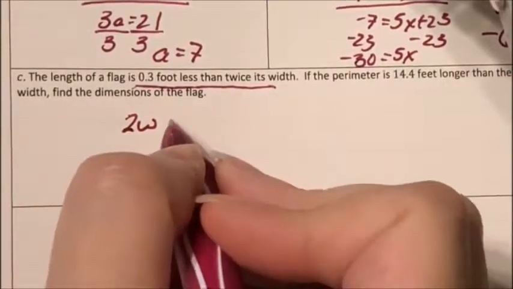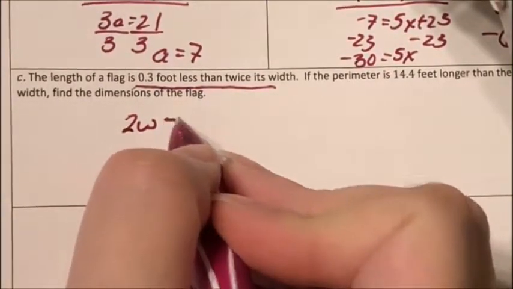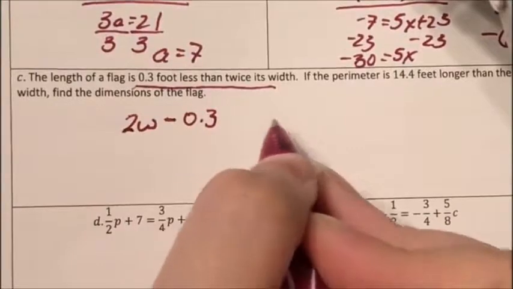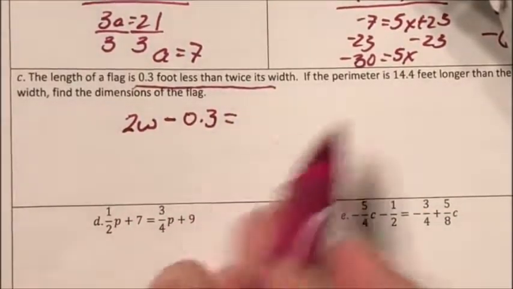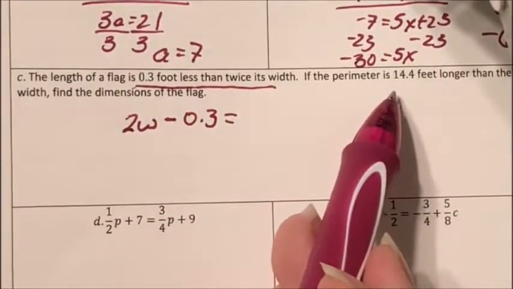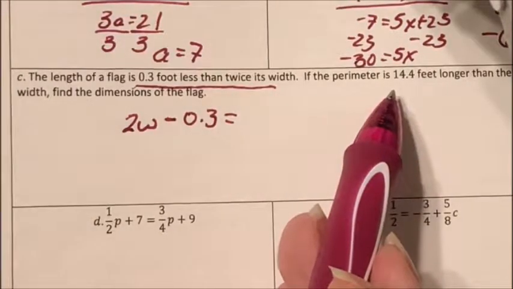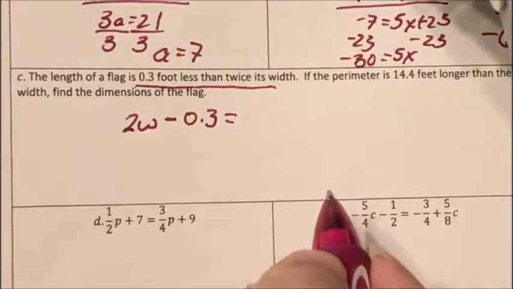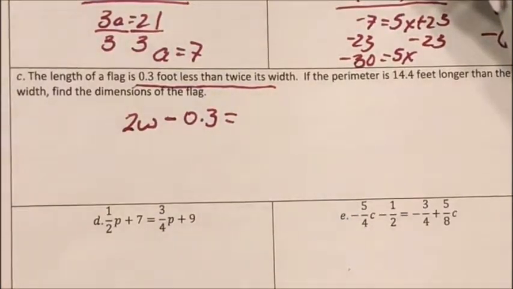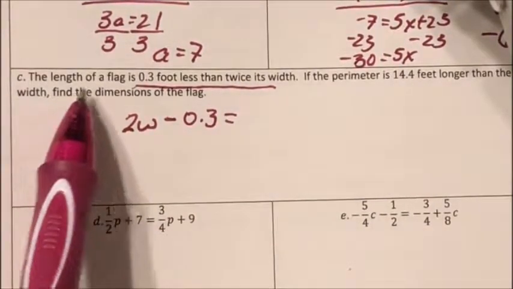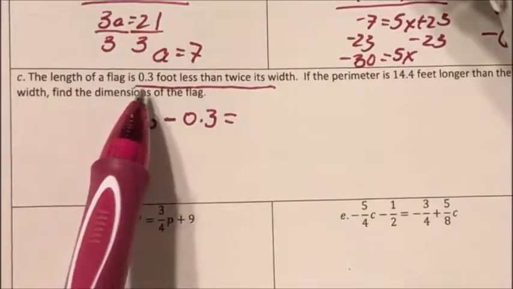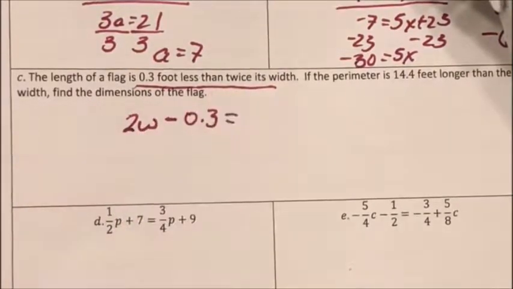Okay? So 0.3 foot less than twice its width. 2W, that's twice the width, minus 0.3. All right, sorry, I'm gonna reread the problem. Length of a flag is 0.3 foot less than twice its width.